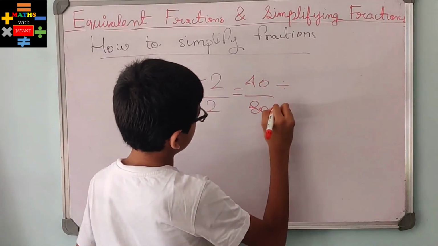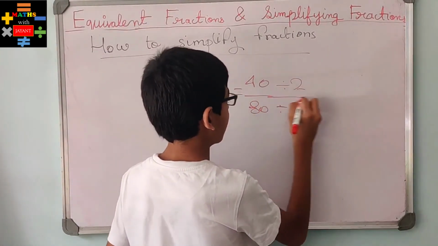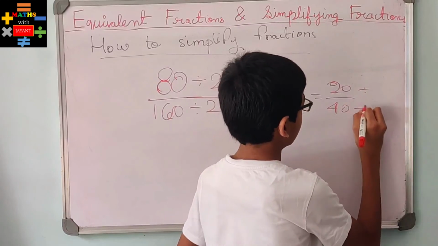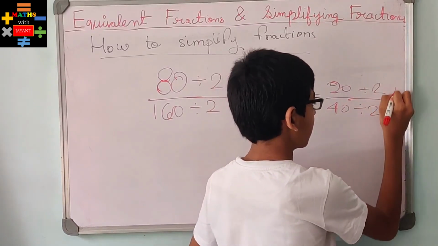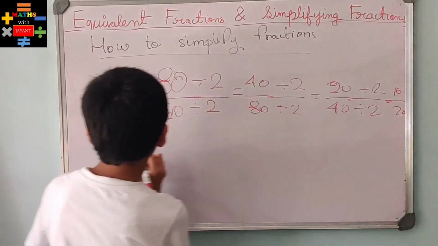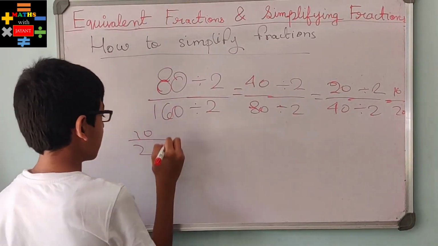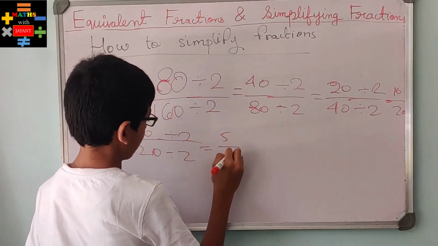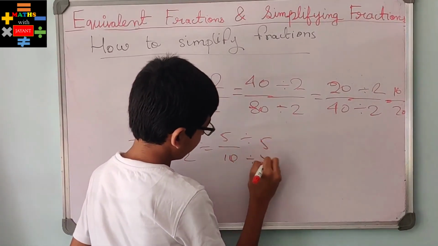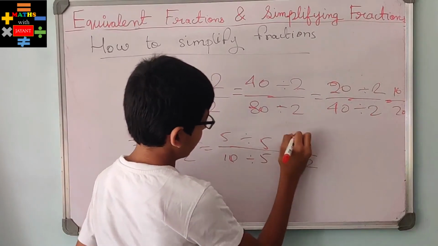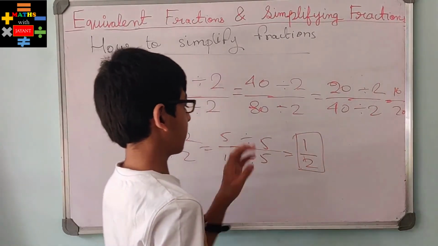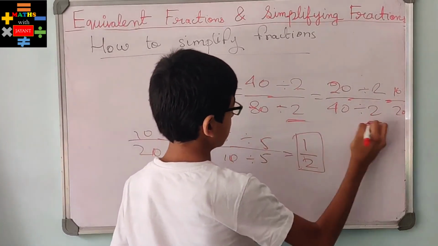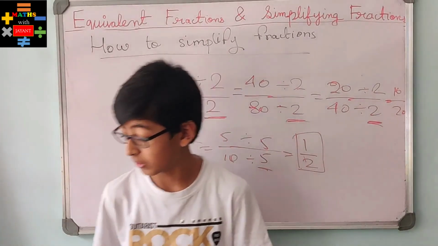They both are also divisible by 2, so you get 20 by 40. 20 by 40 are again divisible by 2, so you get 10 by 20. And 10 by 20 are again divisible by 2, so you get 5 by 10. 5 by 10 both are divisible by 5, so you get 1 by 2. And so 1 by 2 is the simplest form. But you can see how many repeated divisions we made: 2, 2, 2, 2, 5. And then we finally got the simplest form.